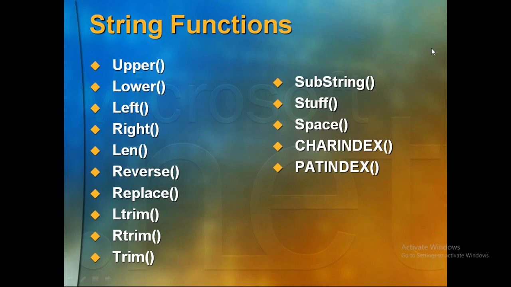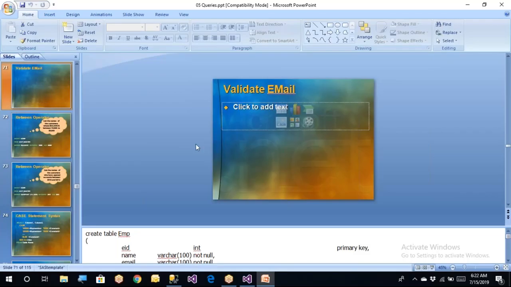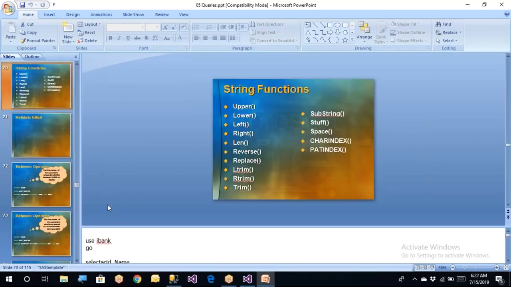Let us understand. So upper function is if you have some data in lower case, if you wanted to make that uppercase, then normally we use the upper function to make it upper. If you wanted to make it lower, then you should be able to go and make it lower. So these are very straightforward and simple functions.